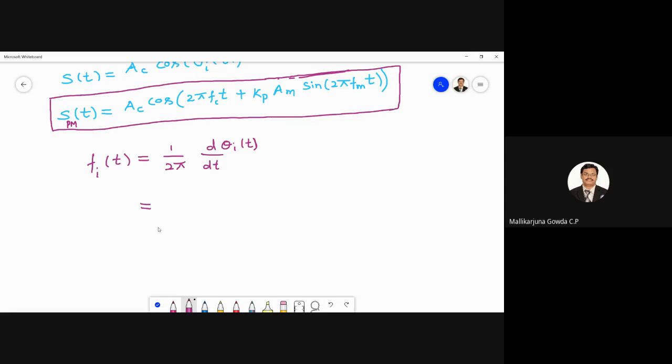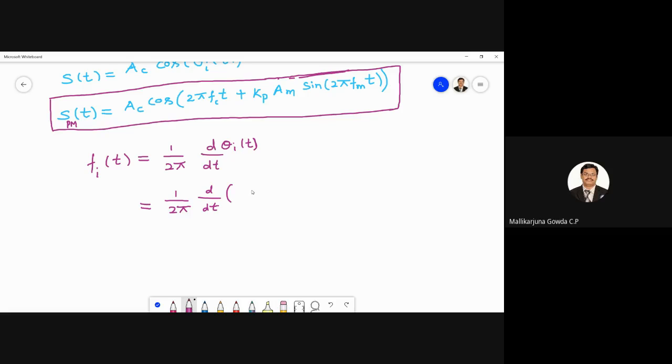Girish, can you say? Just substitute the value. At least tell the substitution part. You have to tell what is the value of theta i of t for this.